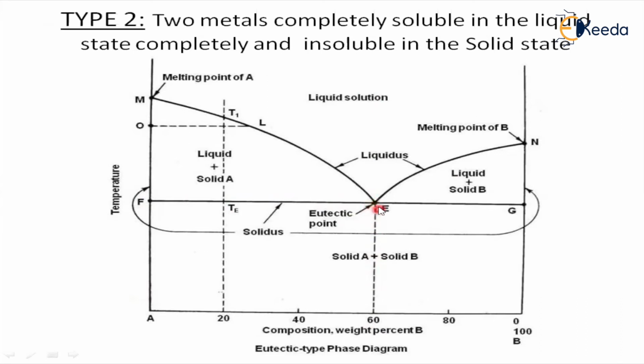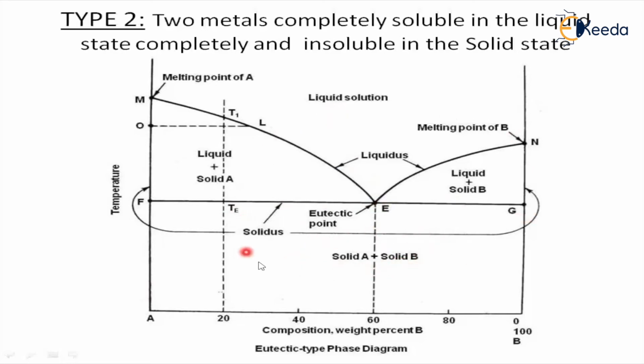Whatever mixture of solid A and solid B we get is the eutectic solid or eutectic mixture. So this is the eutectic mixture, this is the eutectic point, this is the eutectic temperature, and the equation is liquid gives two solids, solid A plus solid B.